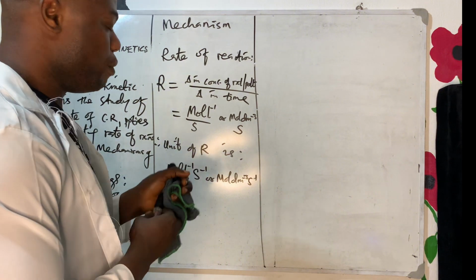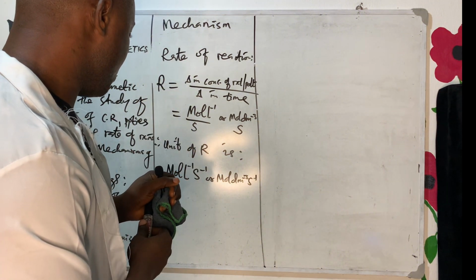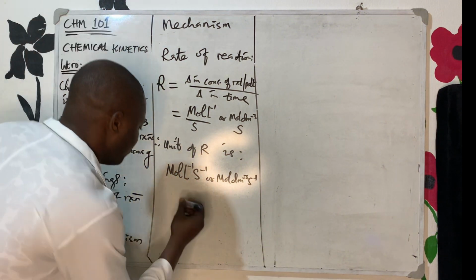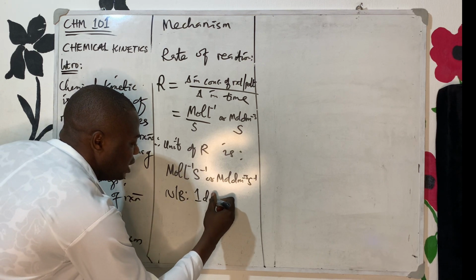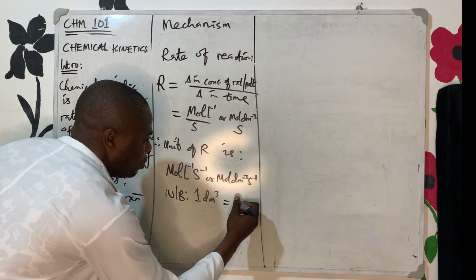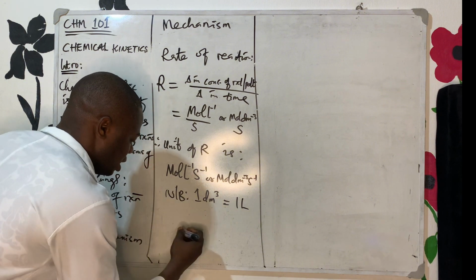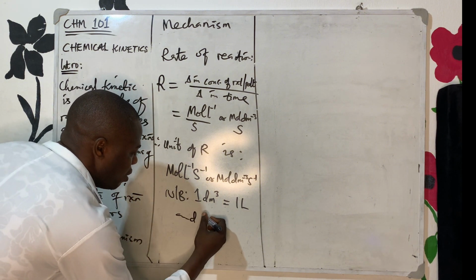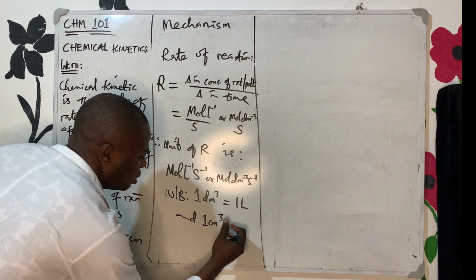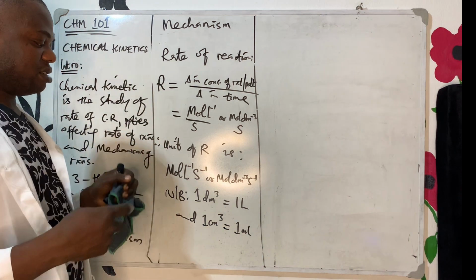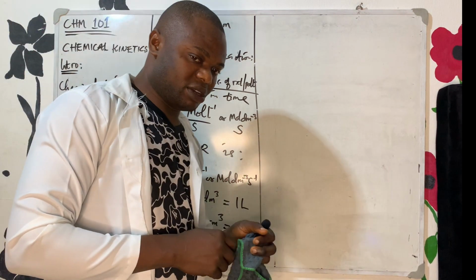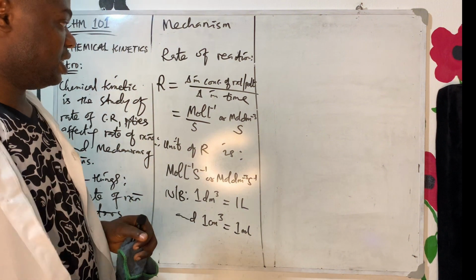Of course, note, very important: 1 dm cube is equal to 1 liter, and 1 cm cube is equal to 1 mL, that is milliliter. So 1 cm cube and 1 mL are equivalent.